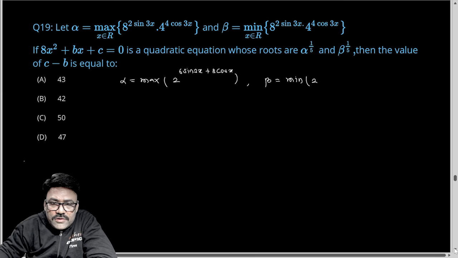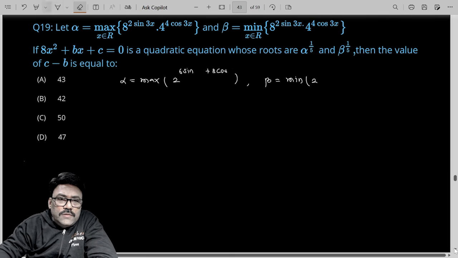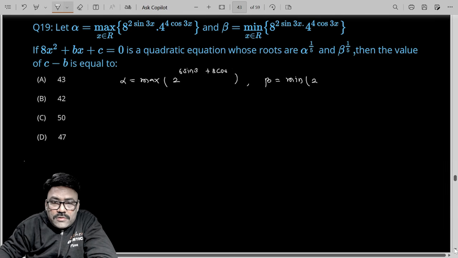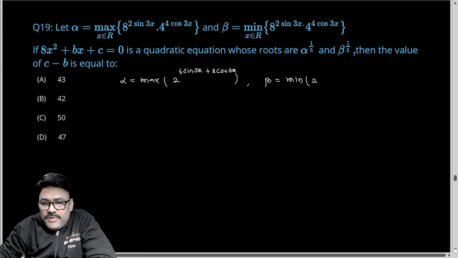It is 3x, not 2x here. Alpha is the maximum of 2 raised to 6 sin 3x plus 8 cos 3x, and beta is the minimum of it.